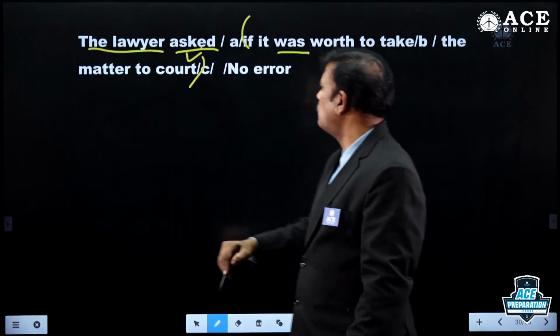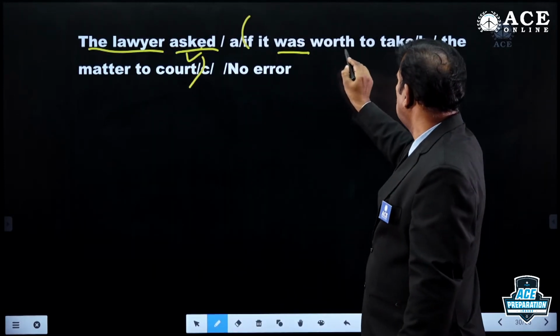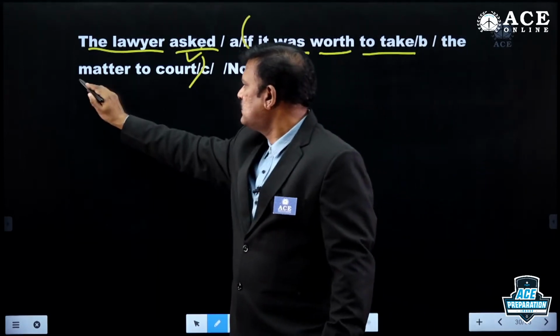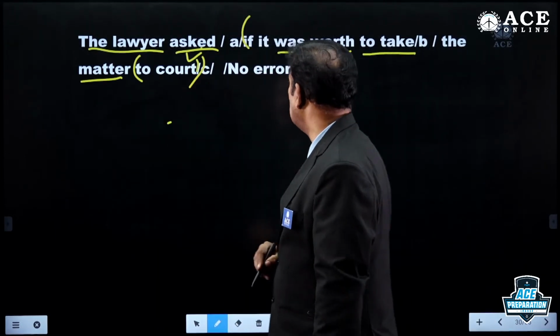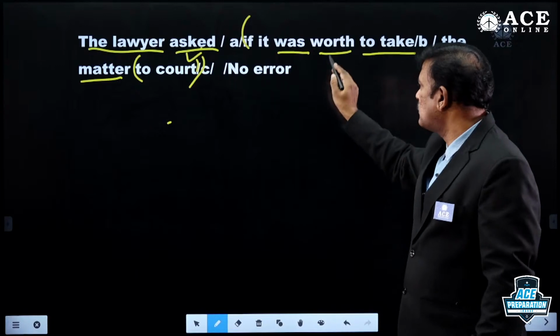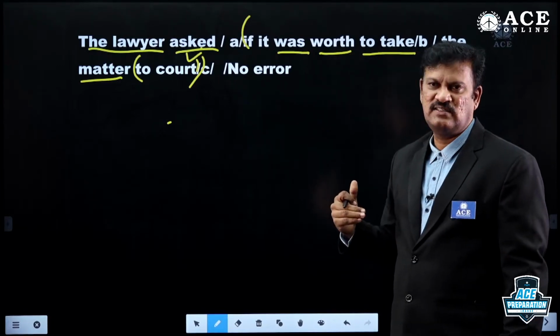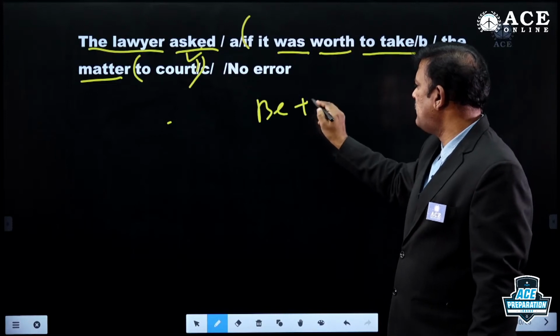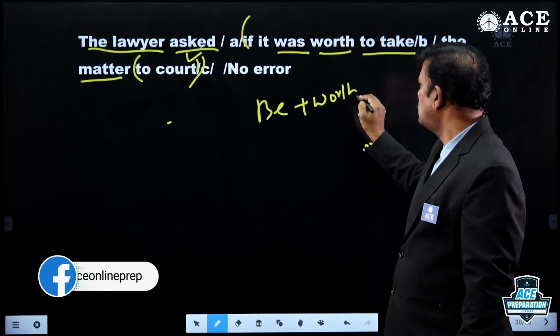But then you go for this. This is one noun phrase, and worth to take the matter to court, like this. Then immediately you should have got this. Worth. I said be plus worth.